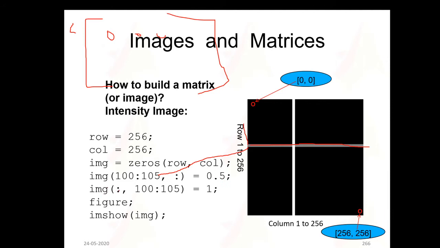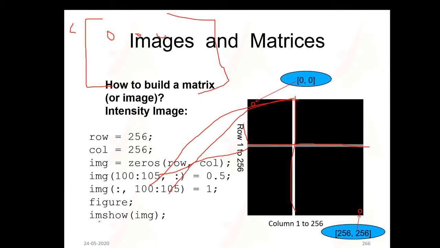Next, for all rows from 0 to 105, I make it 1, so all of that becomes white. 0 means black, 1 means white, and 0.5 means somewhat gray.